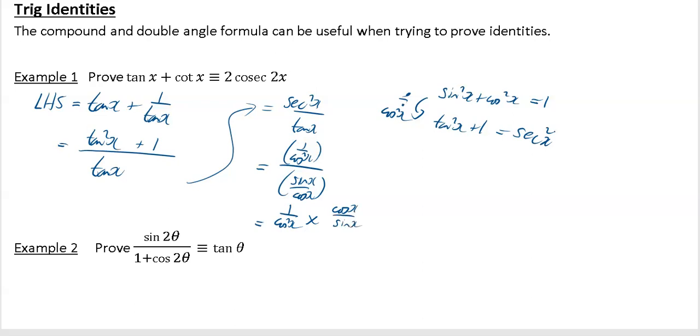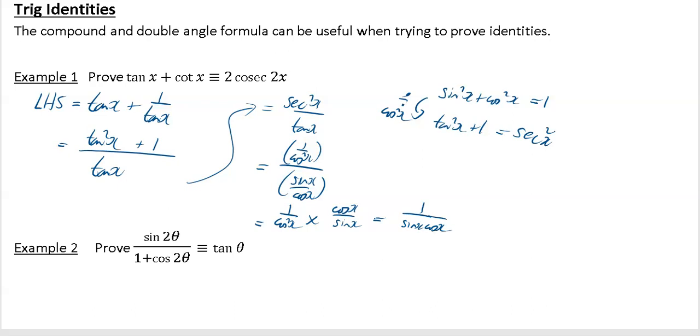So that's what you've got here, and if you did that out, one of the cos's will cancel, so you're going to have 1 over sine x upon cos x on the denominator.